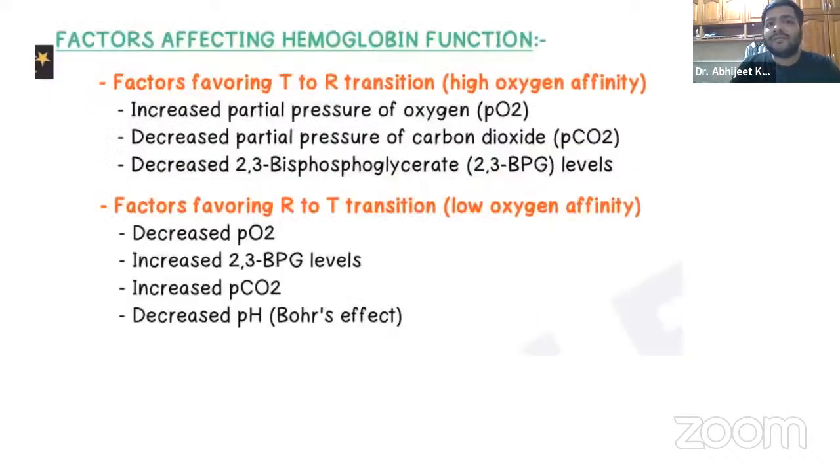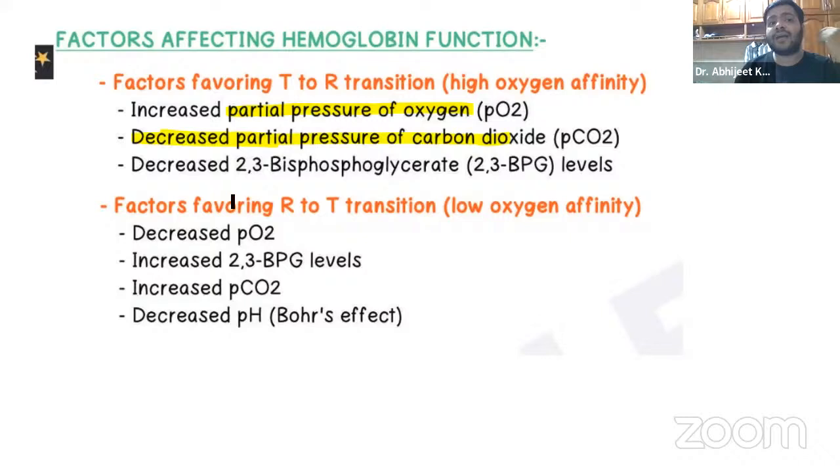Now, what are the factors that affect hemoglobin function? The factors favoring the T to R transition, that is high oxygen affinity: the partial pressure of oxygen will be increased, and automatically the partial pressure of carbon dioxide will be decreased.